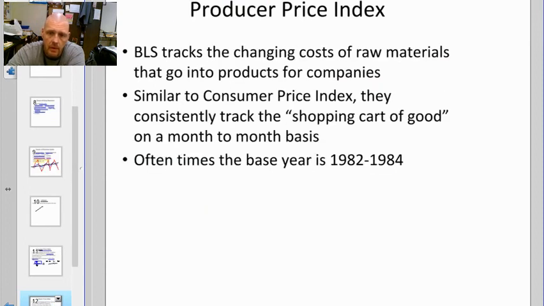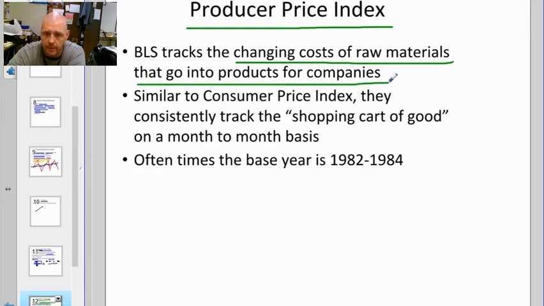We also have something called a producer price index, and it's doing very similar things, except it's looking at the change in cost of the raw materials, the stuff that's going into the products that companies are making. So again, it's almost like they've got a shopping cart, but they're buying even more.